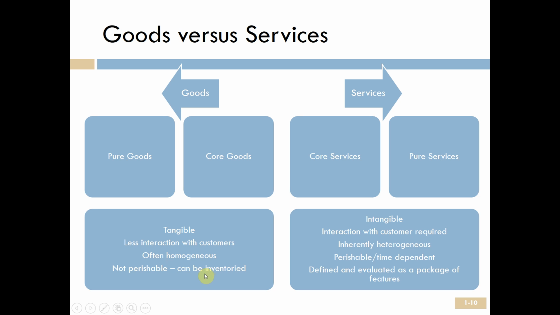We can store it somewhere, and it's not that it's not perishable, but it maybe takes a while for it to be perishable. Services are something that are intangible. Services are an education or advice from a lawyer, a procedure from a doctor. Those are services. And you don't really inventory those, but the techniques that we cover in the class can apply to both goods and services.